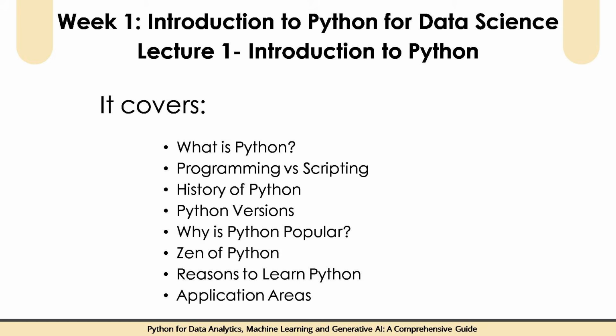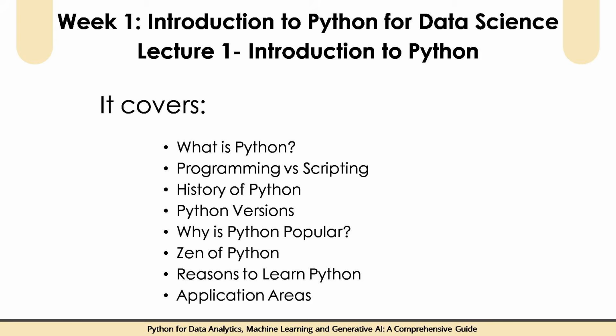In Lecture 1, Introduction to Python, we will explore the fundamentals of this powerful language. We begin with what is Python, followed by programming versus scripting to understand its flexibility. Then we trace the history of Python and its evolution through different versions.